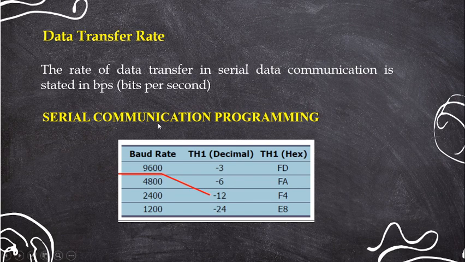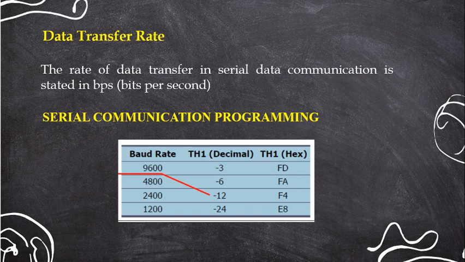As we can see in this table, the baud rate can be 9600, 4800, 2400, 1200, or 19200 and so on. Each of these baud rates has a decimal or hexadecimal equivalent to be loaded.